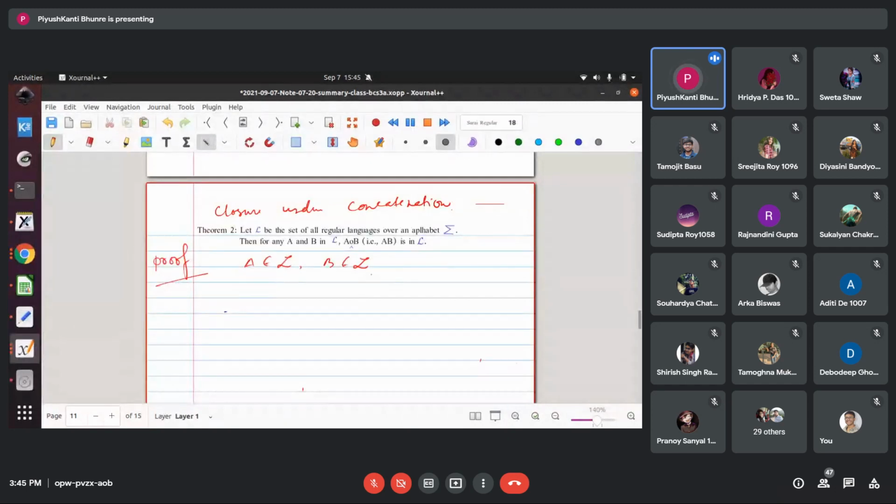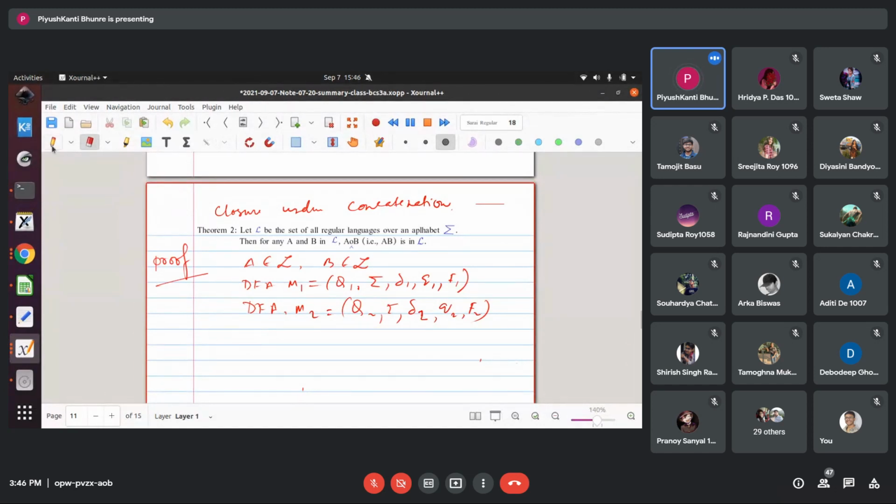So as before, there exist a DFA, say M1, Q1, sigma, delta 1, q1, F1, and a DFA M2, Q2, sigma, delta 2, q2, F2, such that, there is a difference, I will tell you.